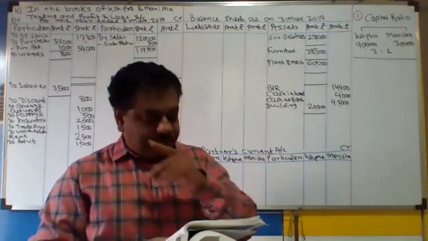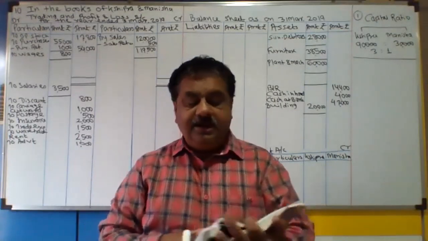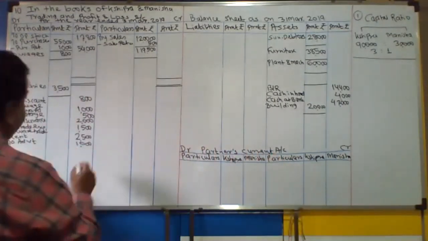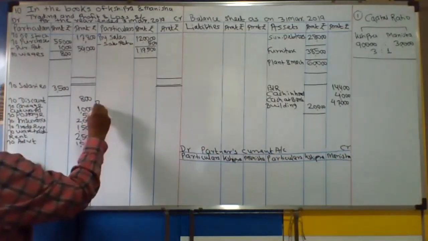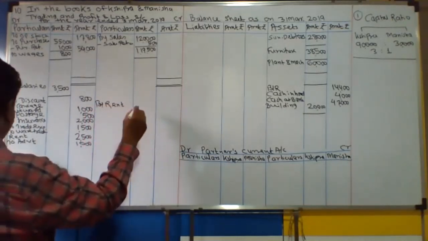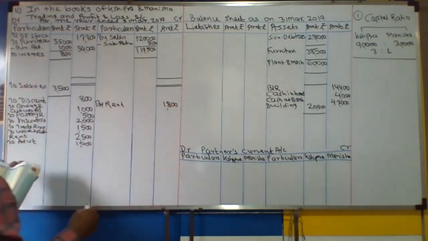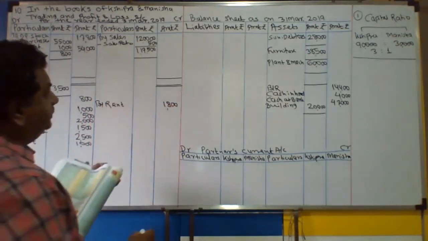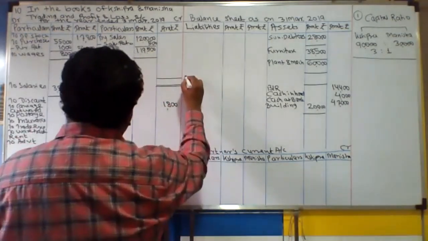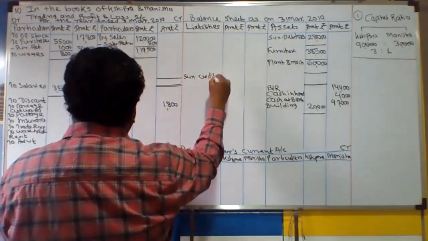Now credit balances. Sales already recorded by us. Rent, having the credit balance, to be recorded on the profit and loss account credit side, 1,800. Sundry creditors, leaving 4 lines approximately, to the liability side.